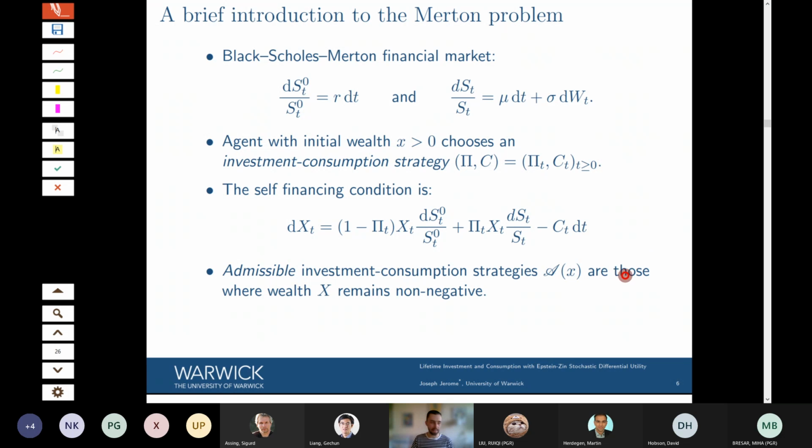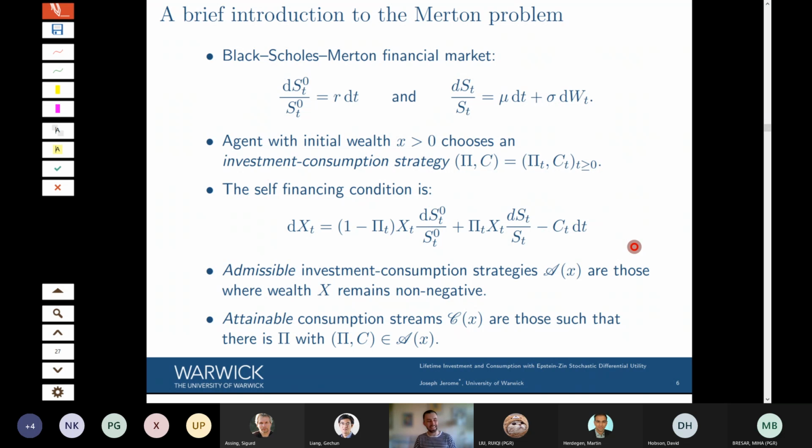And so we're going to say that an investment consumption strategy is admissible if this equation, the self-financing condition, is satisfied, and the wealth X remains non-negative. So this is saying if we go bankrupt, so if wealth goes to zero, then we're not allowed to invest or consume anymore.